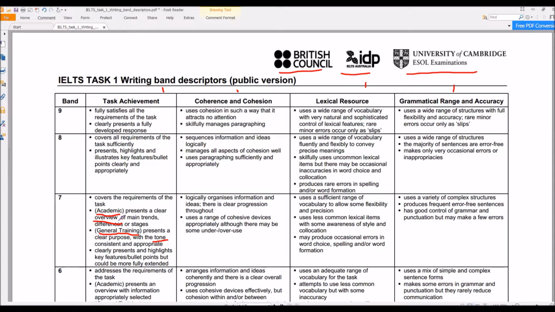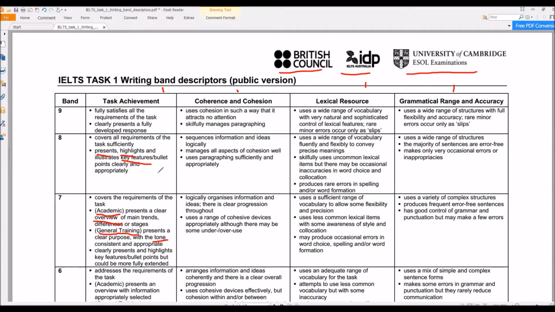So we have to have an overview to get a 7, at least a 6, we have to have an overview, and we have to present, highlight, illustrate the key features. Now, again, this is a problem that some people have because they find it difficult to differentiate what's a key feature, and they end up writing every single thing down.